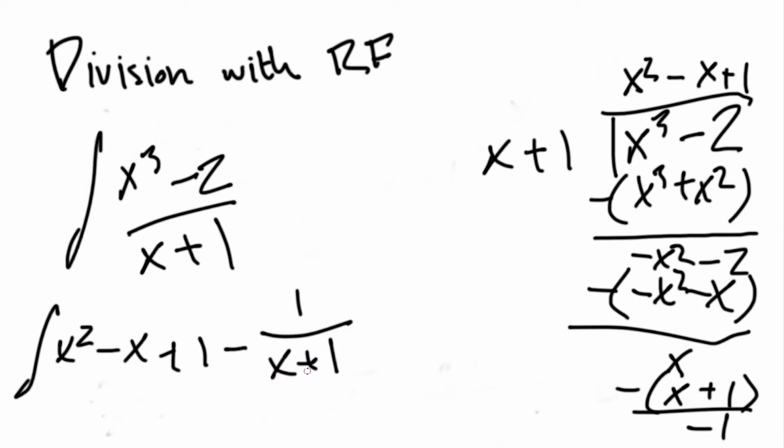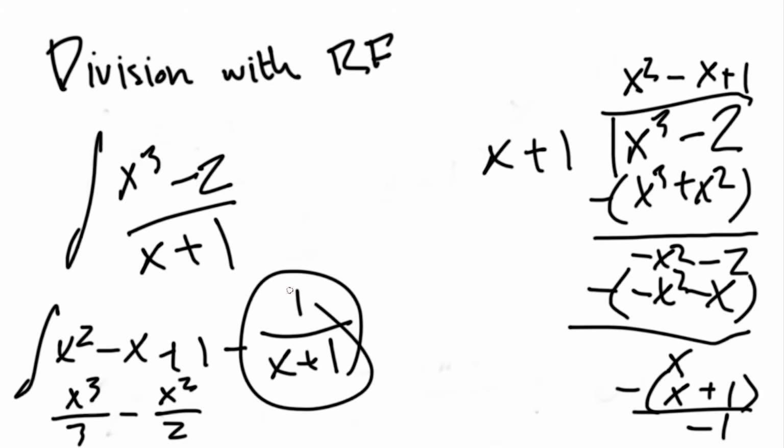We can rewrite it that way, and then we can find the integral of this, which would be very simple: x cubed over 3 minus x squared over 2, and so on and so on. We use u substitution for this one right here, and we'll probably end up with minus ln absolute value of x plus 1, right? So that's the general gist of division with rational functions, allowing you to simplify your expressions, make them a lot easier.